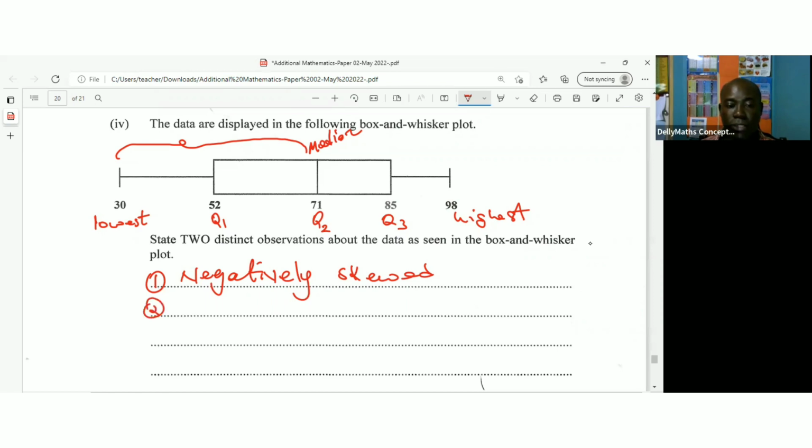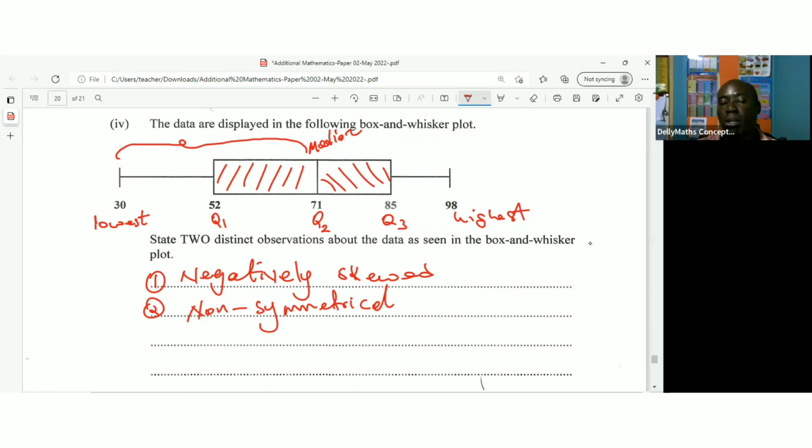That's one. And I could just simply say it's non-symmetrical, right? It's not symmetrical because when you look at this box here compared to this size, there's a huge difference just by looking at it.